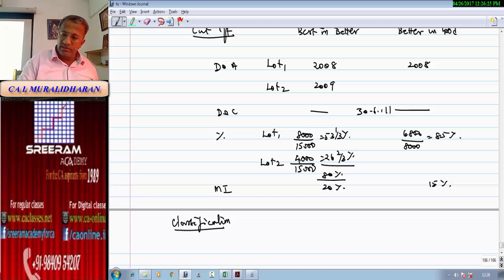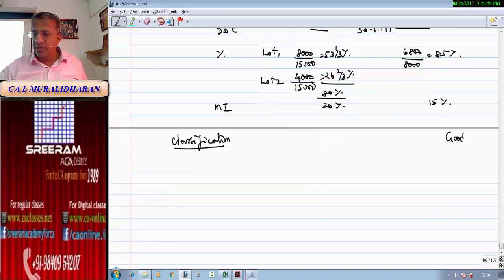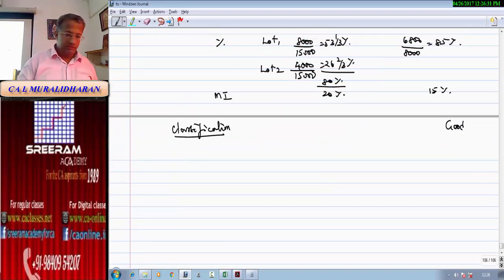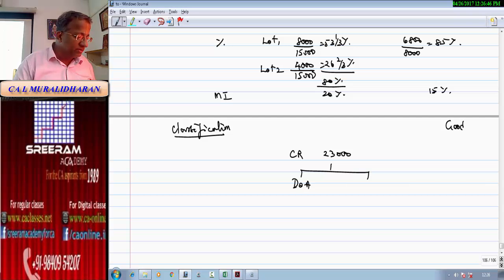Firstly, the last company, Good Limited, we will take up. There is no pre-acquisition dividend. You have capital reserve 23,000. As on the date of acquisition, they had capital reserve 15,000, and after acquisition 8,000.